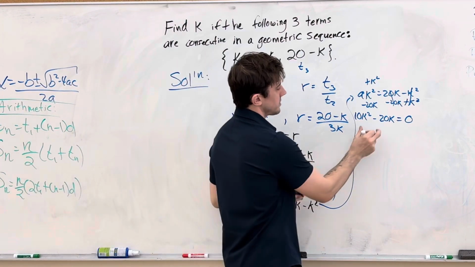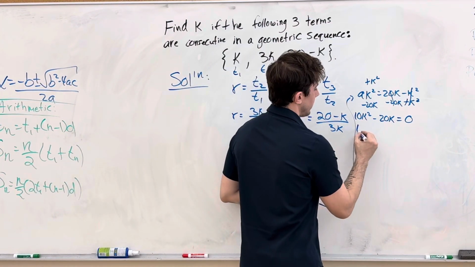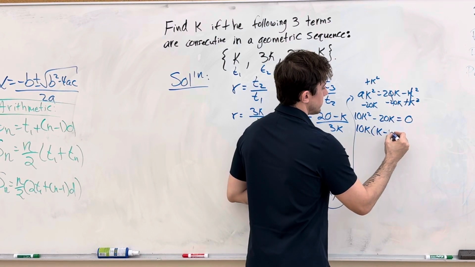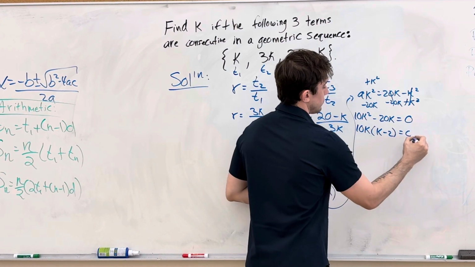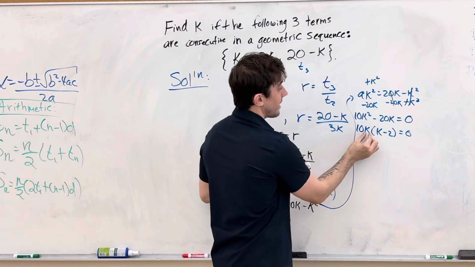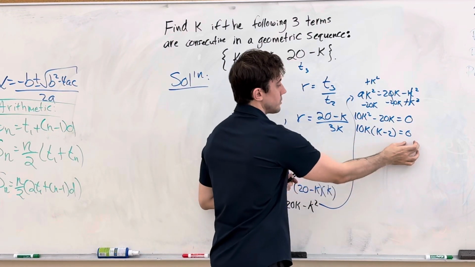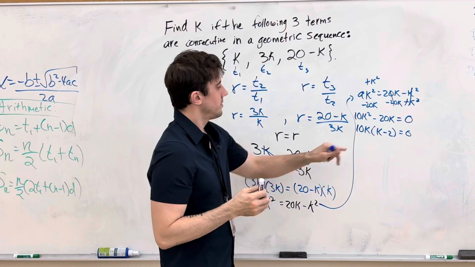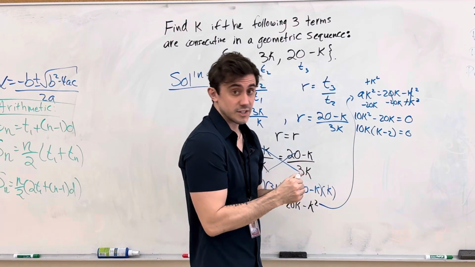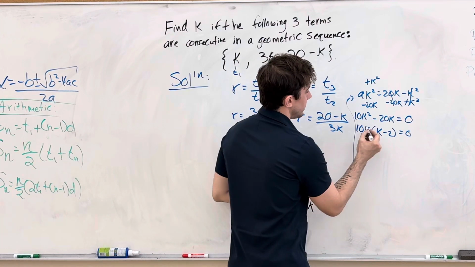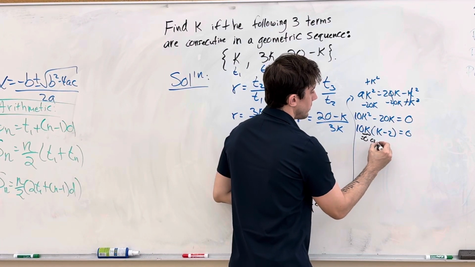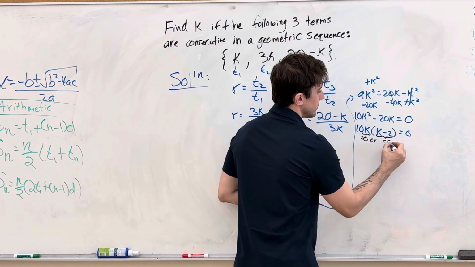We can factor this. We can factor 10k out of both terms, and we get 10k times k minus 2 is equal to 0. We know that if stuff being multiplied together have a product of 0, that can only happen if this k is equal to 0, or if k minus 2 is equal to 0.